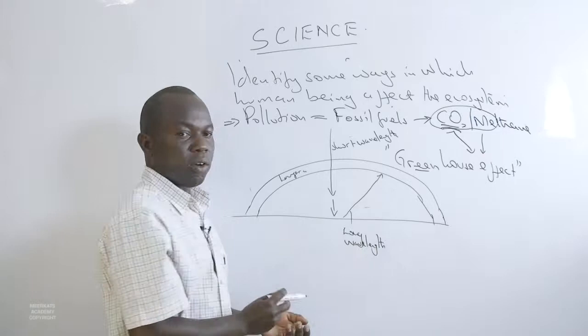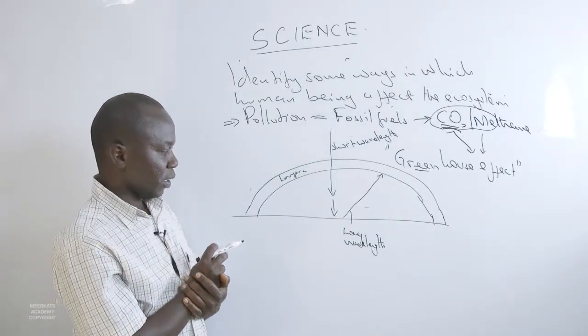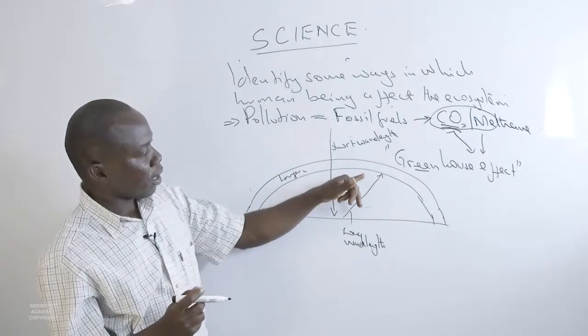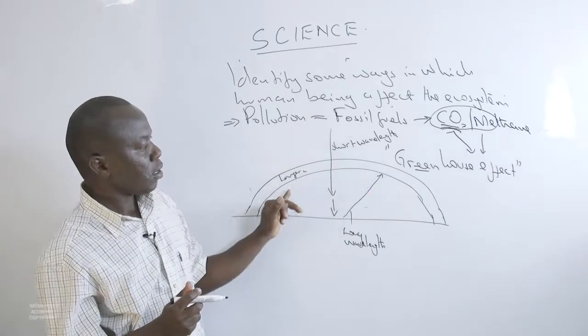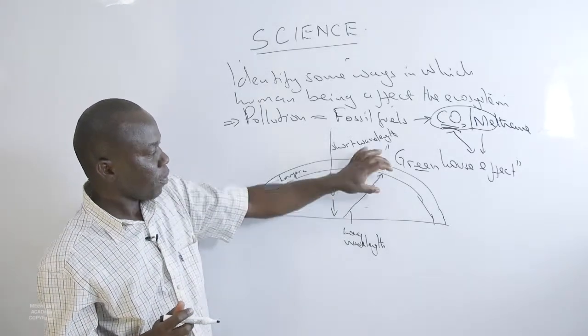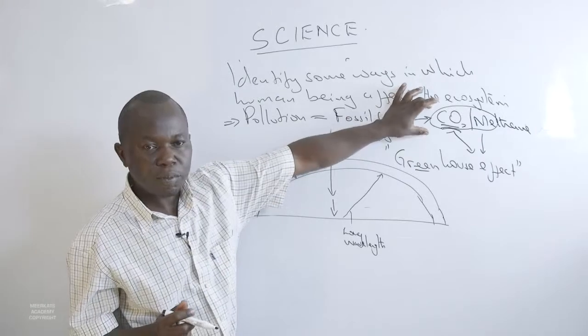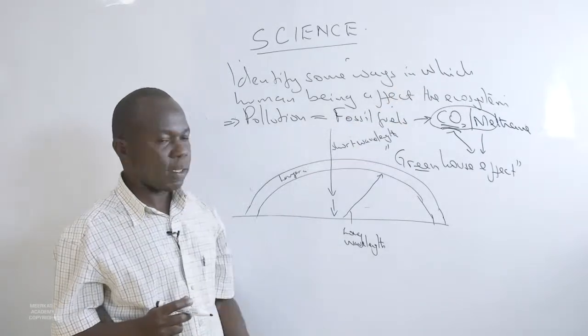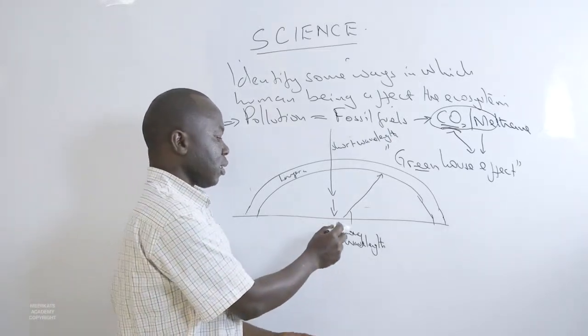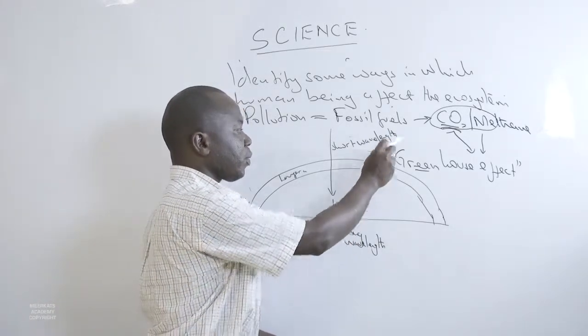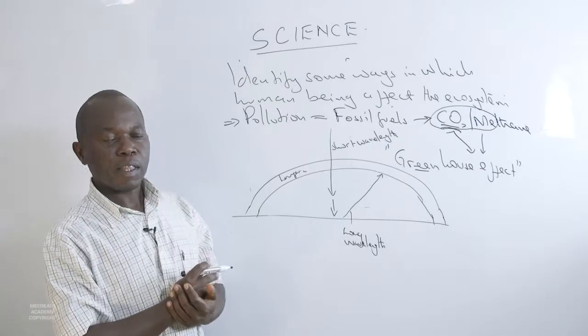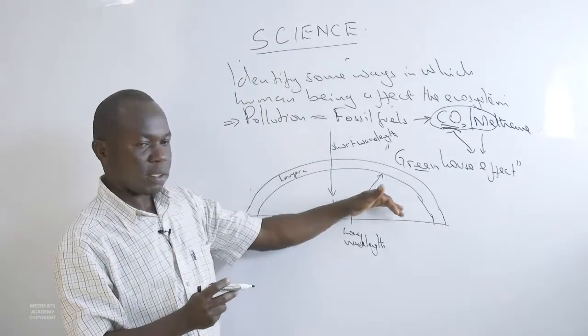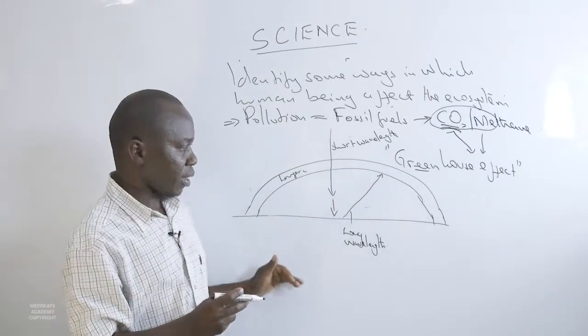Long wavelengths are low energy waves. Because of that, they cannot permeate through this layer that has been formed by gases like CO2 and methane. So this heat that was supposed to escape accumulates around the Earth.